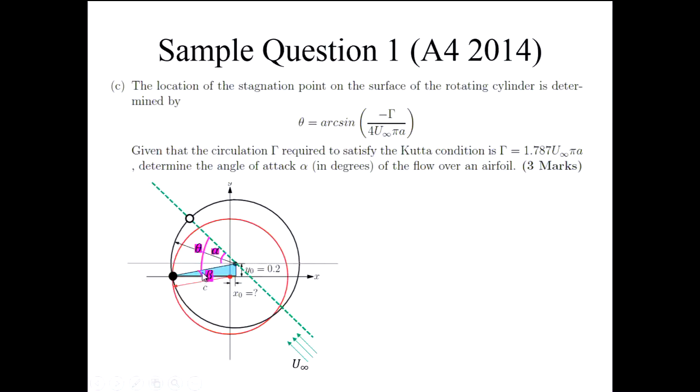And beta is something related to the camber of the airfoil. So for a symmetric airfoil, there's no beta at all. But for the cambered airfoil, since it's not symmetrical anymore, even if there's no angle of attack, the airfoil can still generate lift, which means the stagnation point is still not at the critical point.